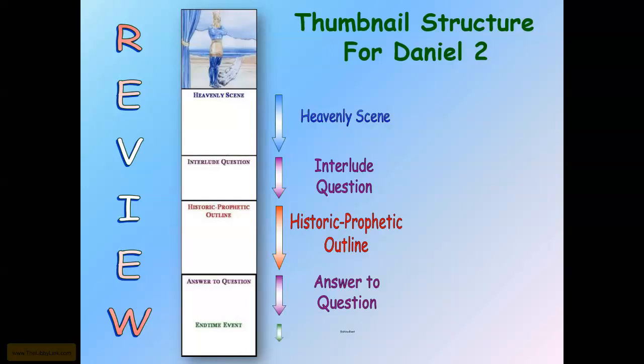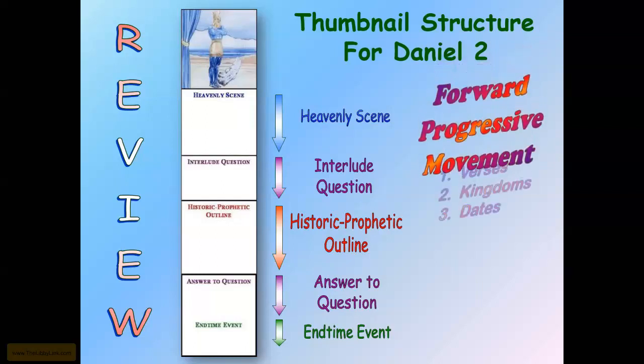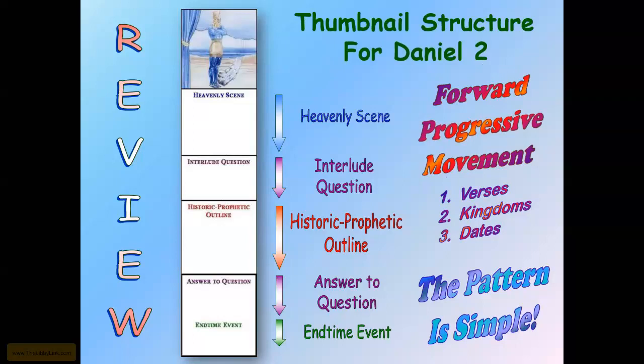And of course, at the very end, Daniel concludes with the end time event as to be expected. Remember all the different ways we found the forward progressive movement? We looked at verses that moved forward. We looked at kingdoms that moved forward. We looked at dates that moved forward. And the pattern was simple.